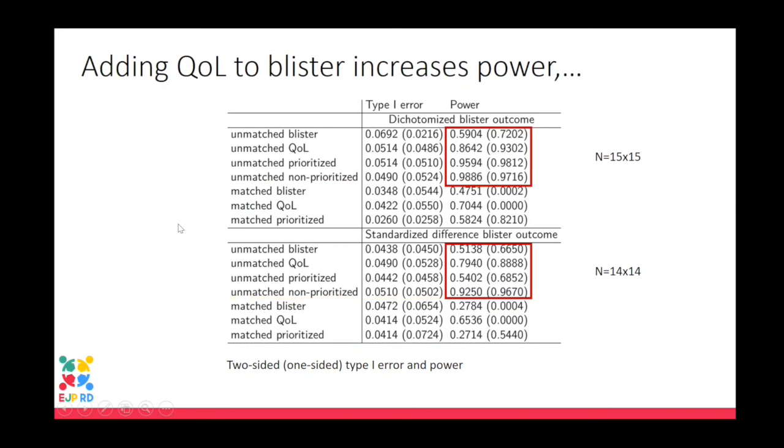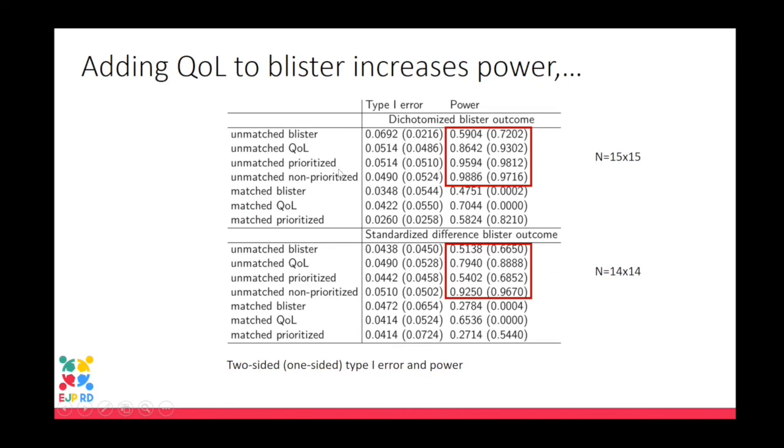If we have the unmatched GPC, there we see that the type 1 error is much better controlled, certainly for the prioritized and the non-prioritized. And indeed, as one would expect, if you simulate a treatment effect on 2 of the outcomes and compare the power of a single outcome, the blister, the power increases if you add the quality of life.